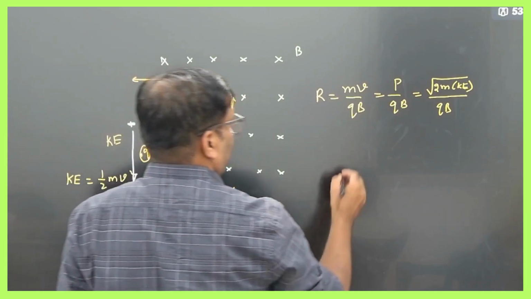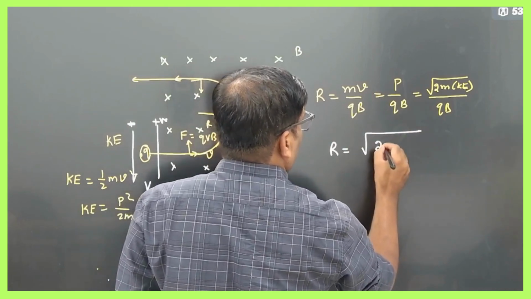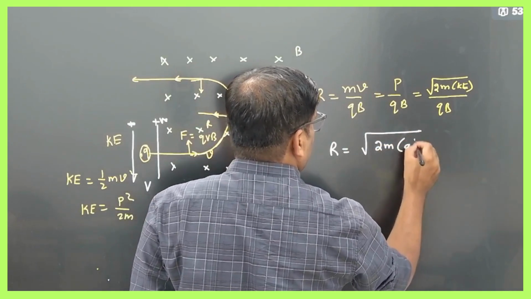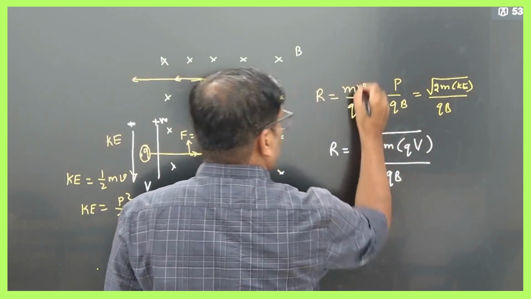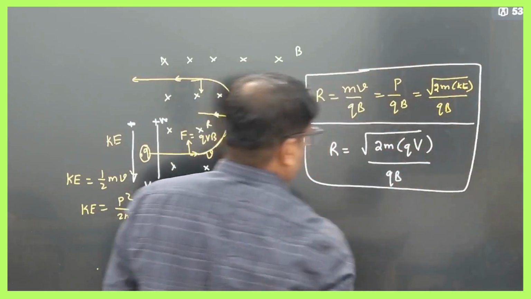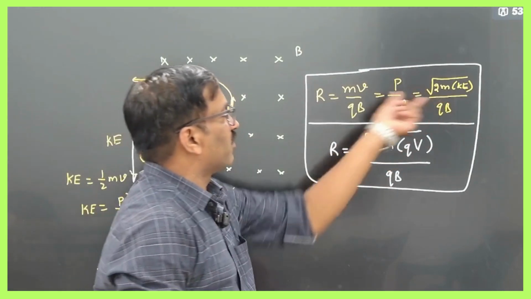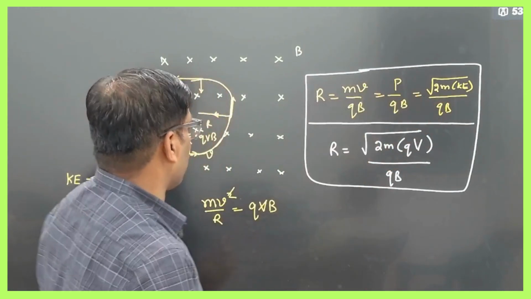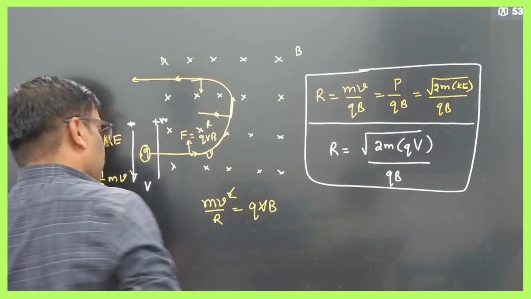So what you can write now, radius will be equal to square root of 2m, kinetic energy is nothing but charge into potential difference, by qb. So these are the formulas for the radius of the charged particle, right. You can calculate the kinetic energy from this one now, so many things, right. So next, we calculated the radius, right.